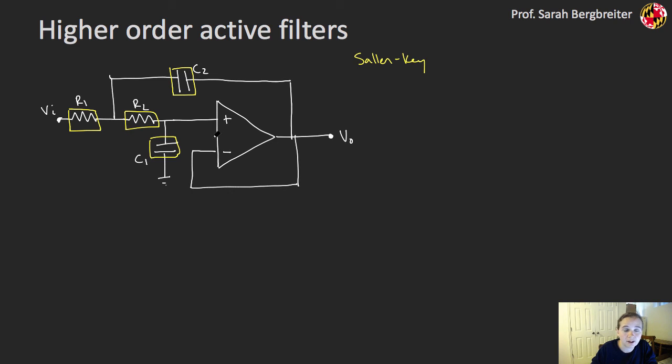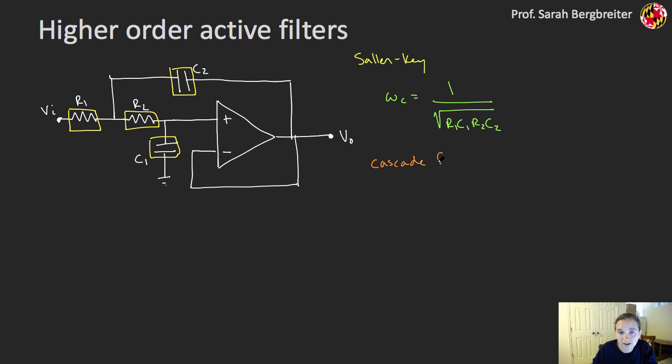This happens to be a second-order low-pass filter with, in this case, a corner frequency that will be 1 over the square root of R1, C1, R2, C2. I get units of seconds squared down here, which is why I have the square root there. Another possible thing that I can do with these is I can cascade them. I can set up one after another, and I can effectively think of that as multiplying transfer functions together.